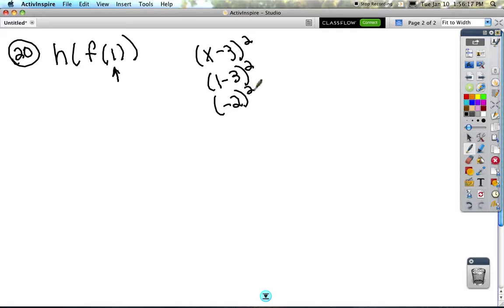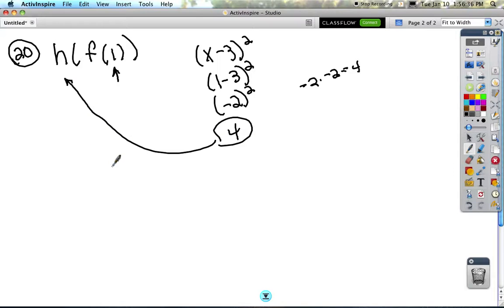So negative 2 squared, negative 2 times negative 2 is negative 2 times negative 2. Negative times negative is positive 4. So 4 is now going into the h. And the h is what? X cubed. So this is going to be 4 cubed, which is going to be 64.